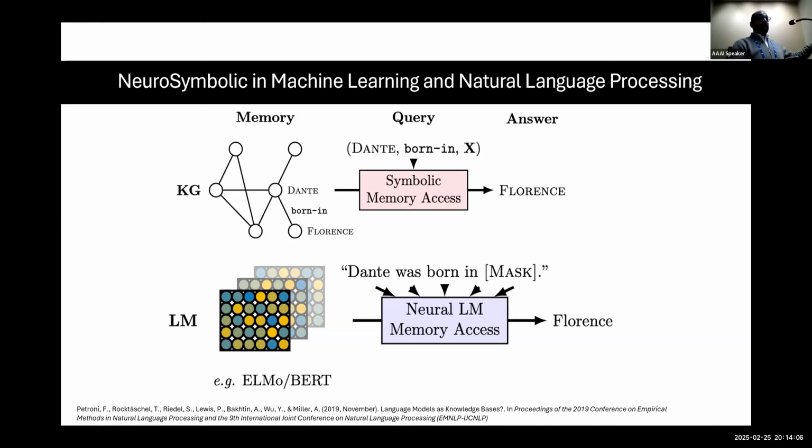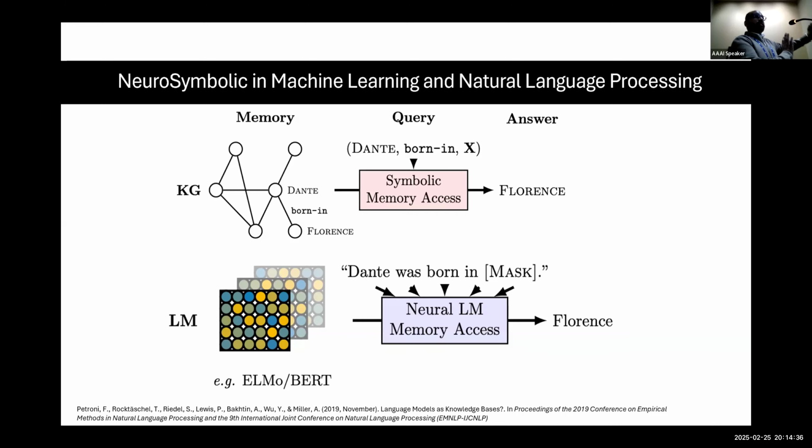It's not a double L, it's a single L, just LAMA, right? It talks about a very interesting case where you have the knowledge graph at the top, with the information about a person, Dante, born in Florence, and my query is subject and predicate, and I want to predict the object, right? And that's the answer that we really want. So this is simply a link prediction problem or a node classification problem in a specific knowledge graph space.